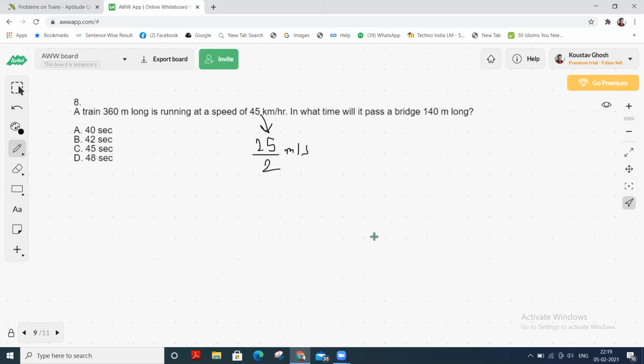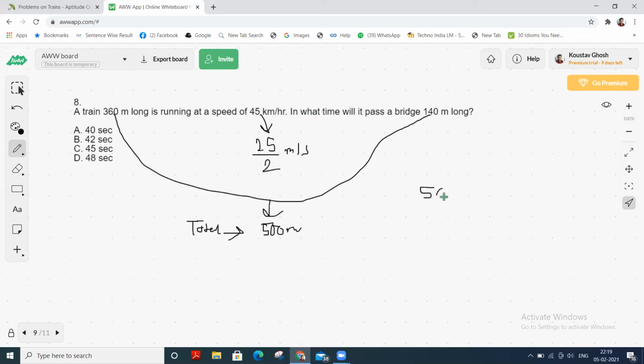Total distance covered: 360 plus 140, that is 500 meters. This is the train length plus the bridge length. So what is the time? Time is distance by speed.